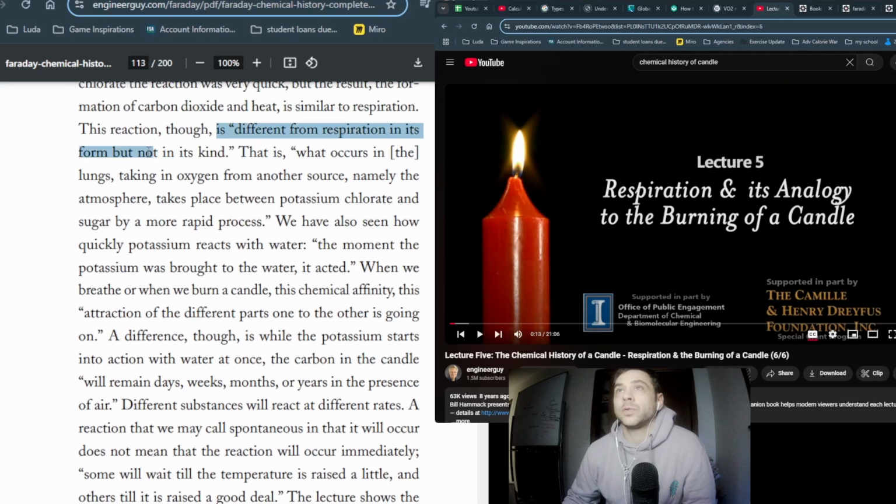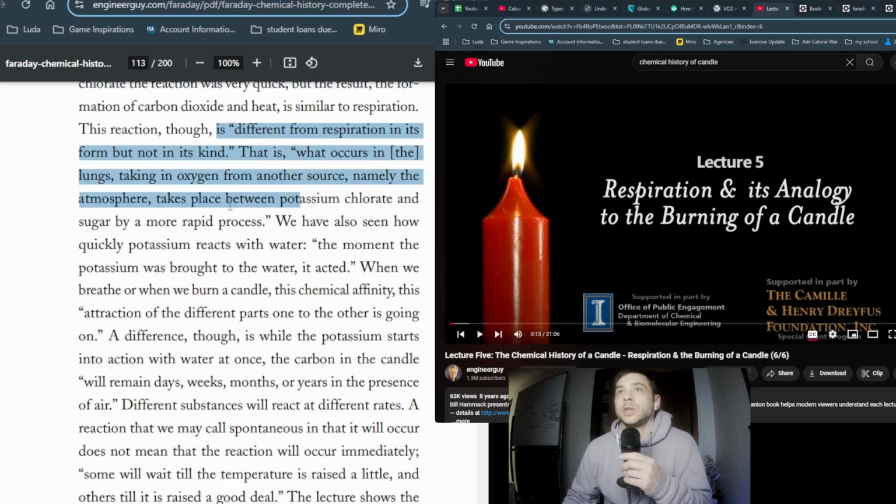Different from respiration's form, but not its kind. That is, what occurs in the lungs, taking in the oxygen from another source, namely the atmosphere, takes place between potassium chloride and sugar by a much more rapid process.